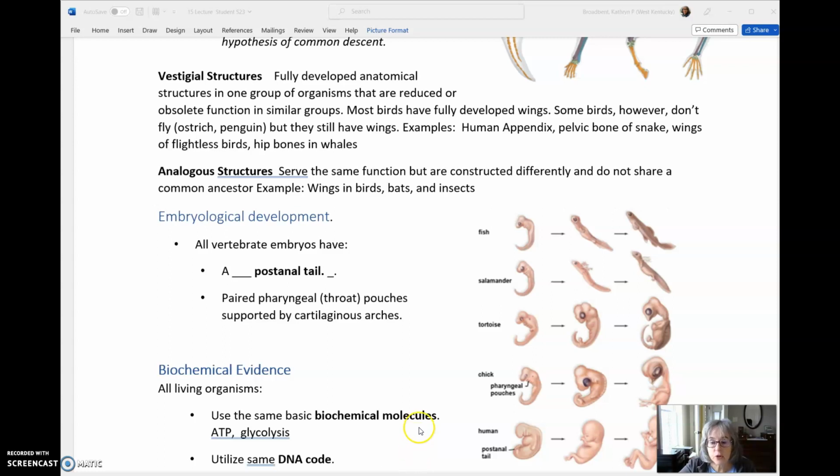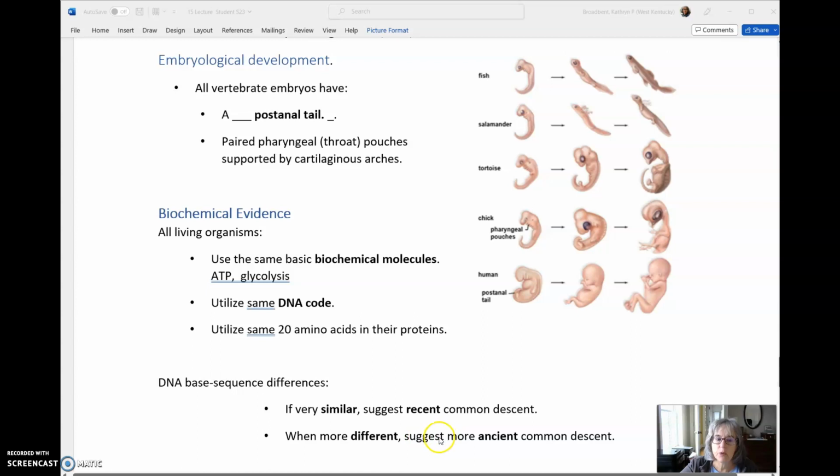There is very strong biochemical evidence. All living organisms use the same biochemical molecules. They all use ATP as their energy exchange system. They all use glycolysis, which is a system where you take sugar and break it down into ATP and usable energy.